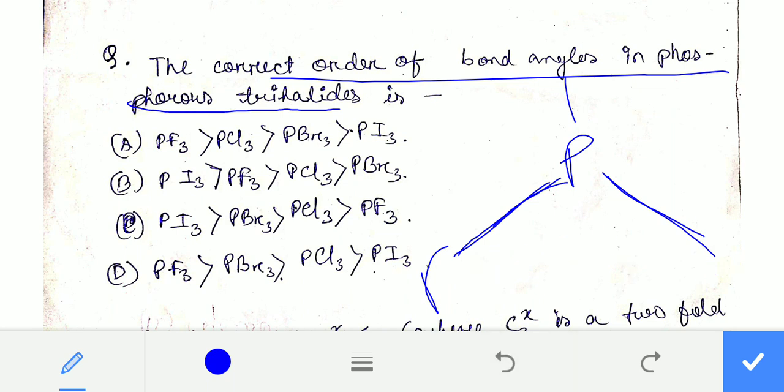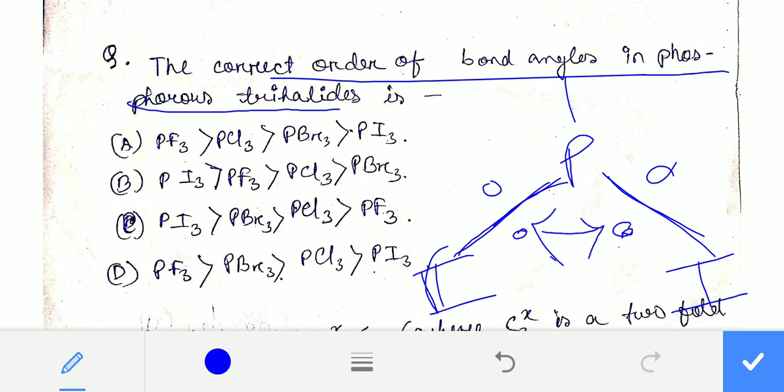And when iodine is attached with this compound, since iodine is the least electronegative element among the halides, the bond pair will not shift much towards the halide group. That is, the bond pair will be in a closer state, so it will cause more repulsion.